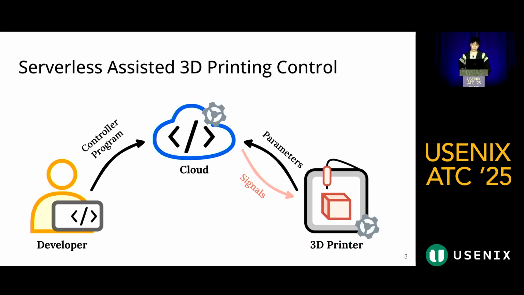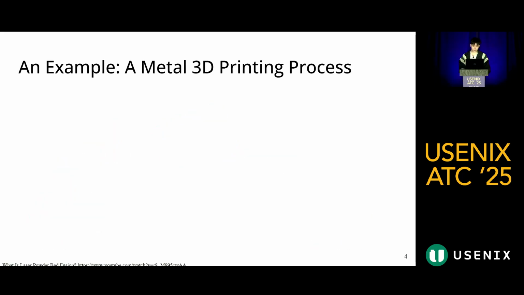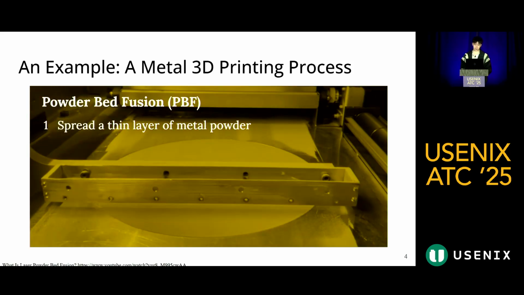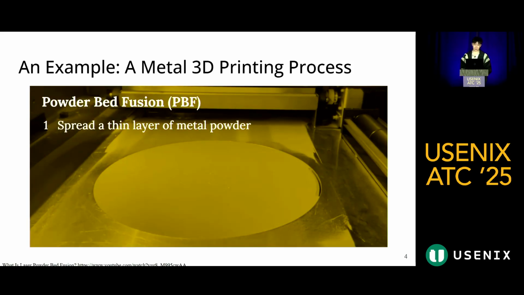But why move this control logic to the cloud in the first place? To understand that, let's first look at the printing process and why control matters. So now let's look at the specific kind of 3D printing that our work focuses on. It's called powder bed fusion, or PBF, which builds metal parts layer by layer.